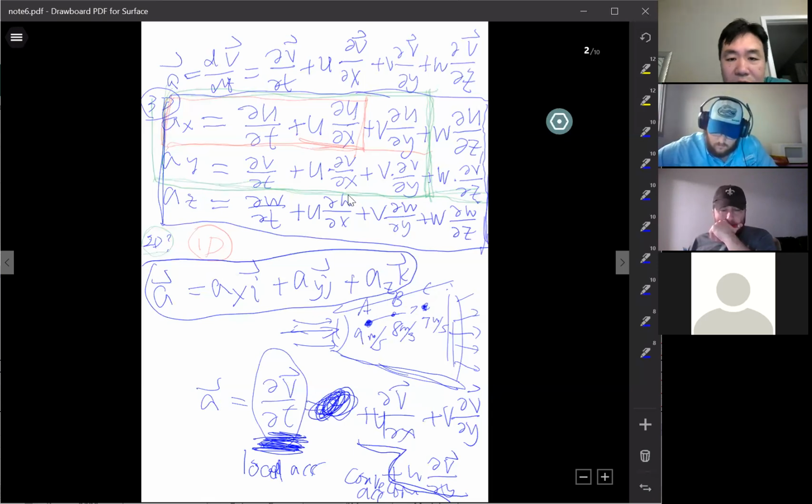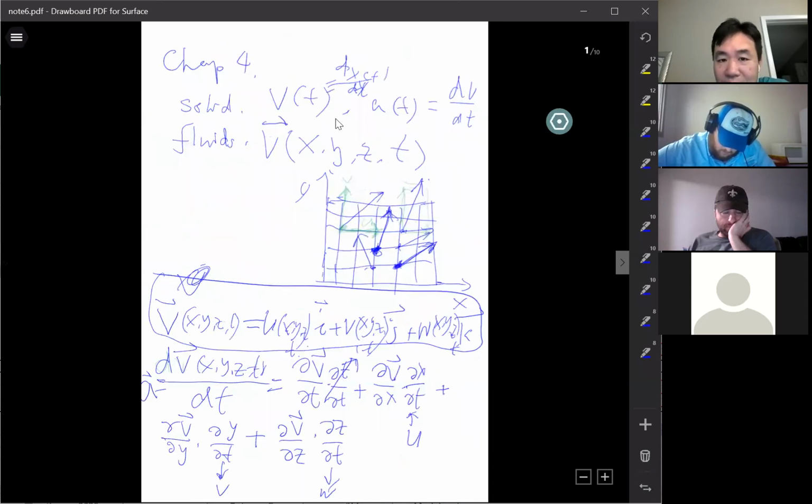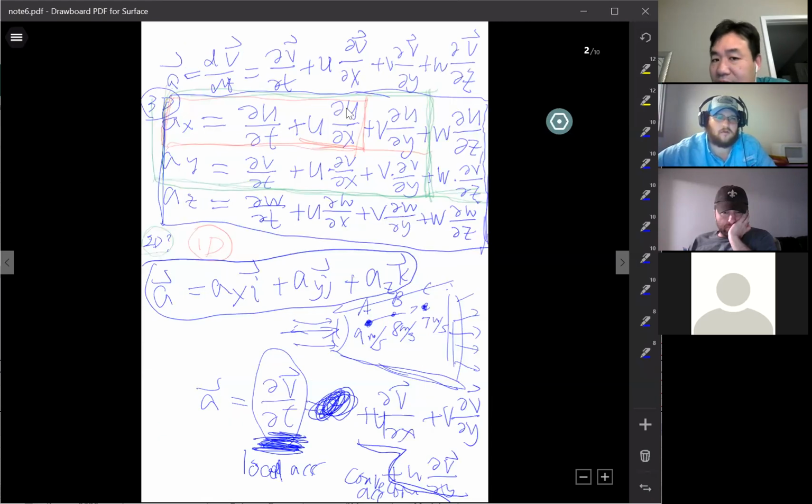So again, you need to know how to look at the acceleration equations. Everything is velocity there. The velocity u, v, w are expressions, just like I said before. Each of them is a function of x, y, z, and t. Then you need to know how to do the derivative in order to solve acceleration.